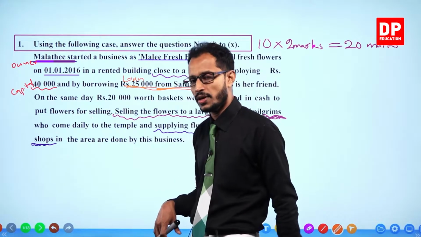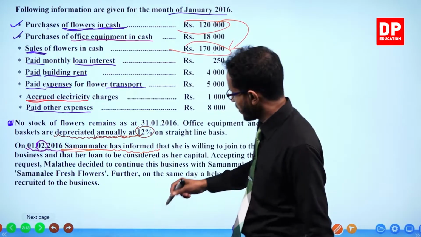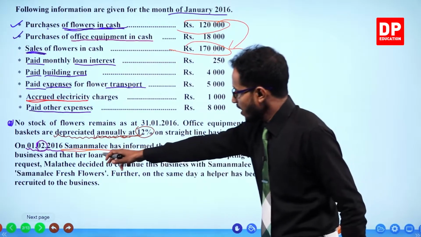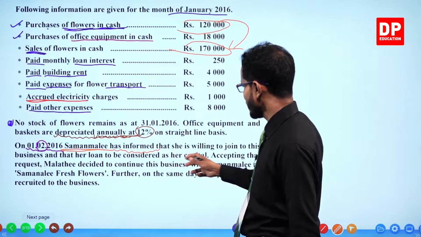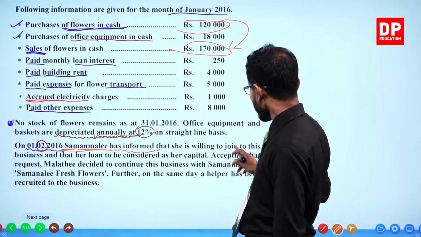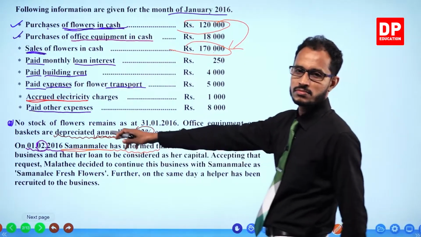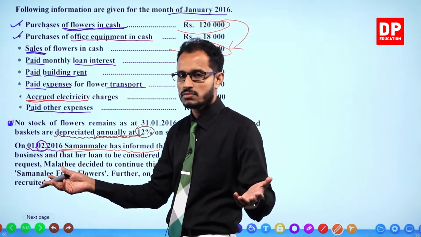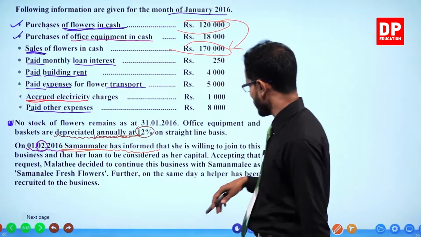Okay, Malati is saying okay. I'm sure she's saying okay. She's going to say okay. Yeah, so the loan should be taken as a capital. Accepting that request. I told you, didn't I? She accepted. Malati accepted.